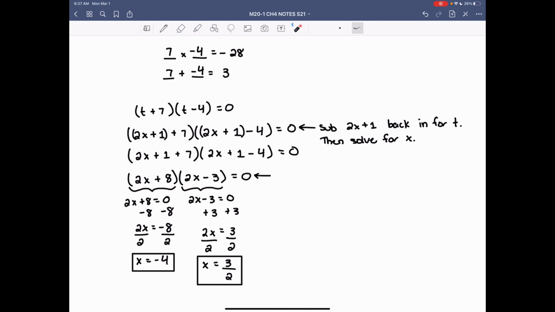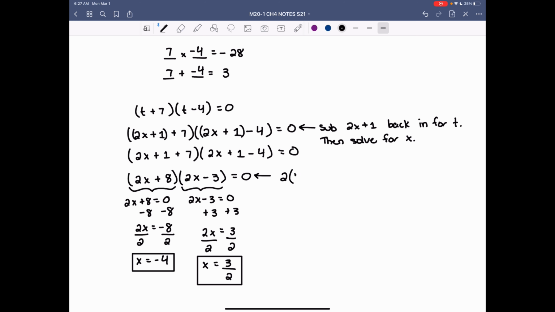So here, 2x plus 8 times 2x minus 3, that's almost fully factored. But with this complex one, notice that in this binomial, we have 2x plus 8. So there's actually a common factor of 2. So we can factor that out. 2 goes in front of that binomial.